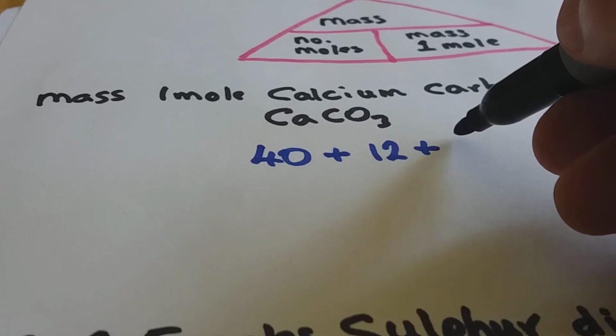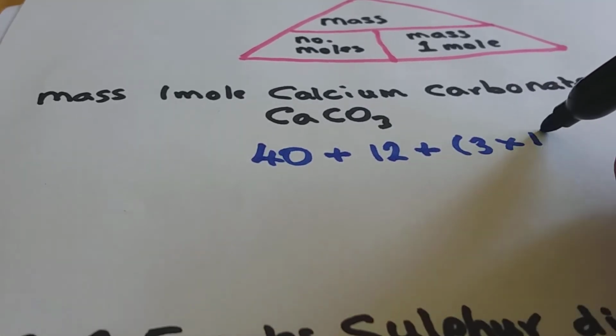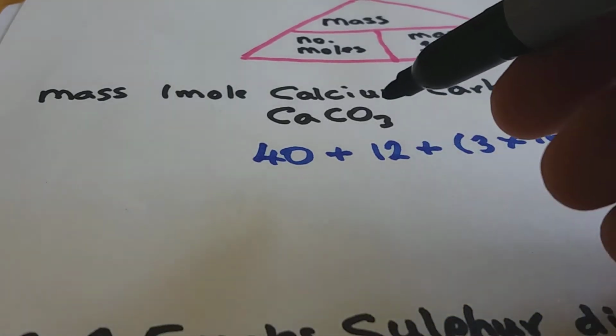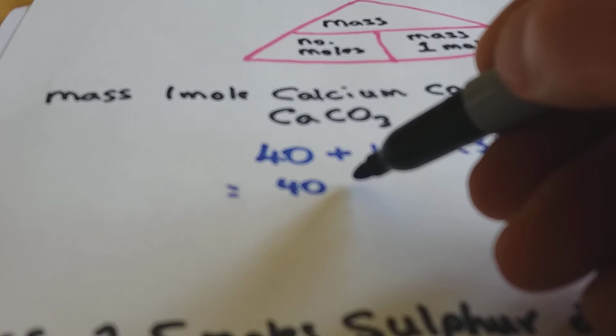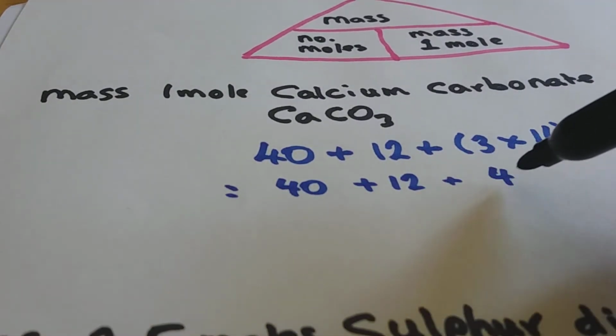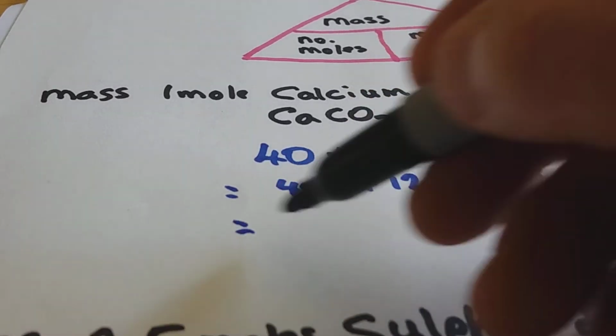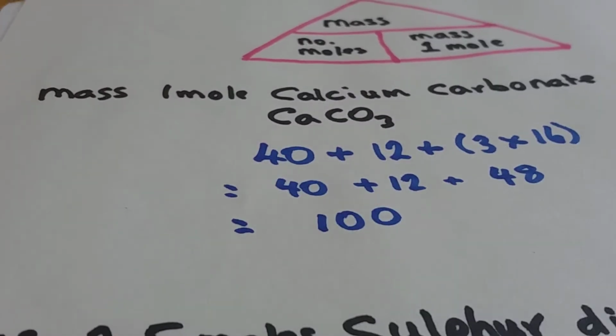Now, as we know, when there's 3 by the base, that means there are 3 oxygens. So 1 mole will equal 40 plus 12, and 3 times 16 is 48. So 1 mole of calcium carbonate is 100. So that's the basic operation first of all, to be able to work out 1 mole of something.